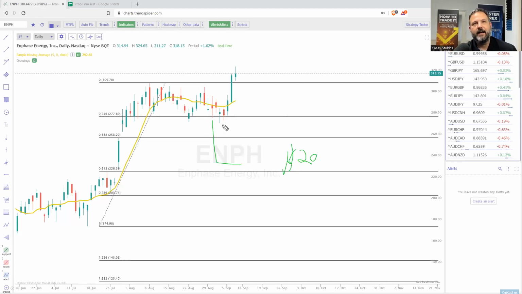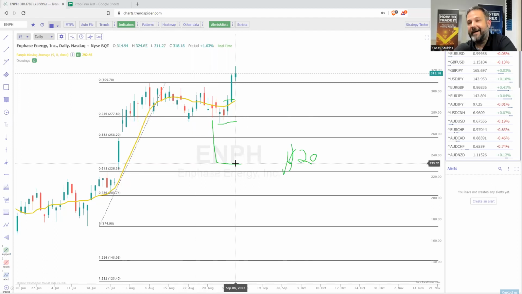Now, in this case, I would have re-entered here with the stop loss here. So again, my entry would have been right here at 294, and then today I would be sitting up at $318. So my entry would be over the 20 that I lost. So I would already be up even if I had lost that position, right?